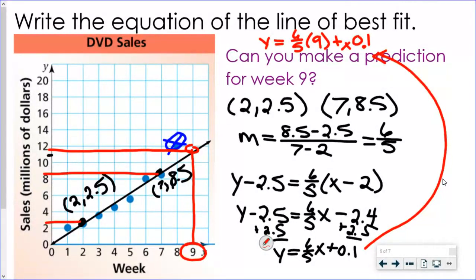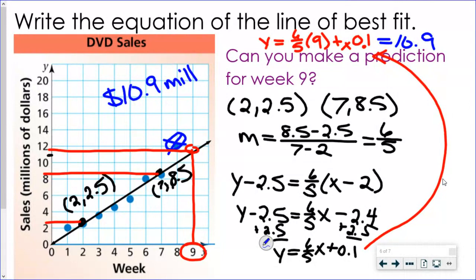I was a little off. I was thinking it was closer to 11.5, but based off of my equation, it gave me 10.9. So based off of my equation, it's $10.9 million.